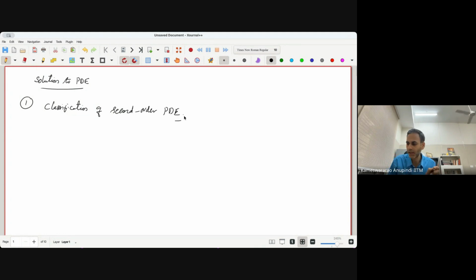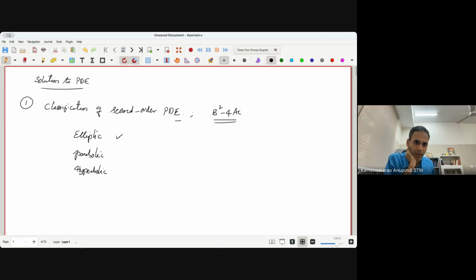We said these are classified based on the characteristic equation, b square minus 4ac, and we grouped the PDEs into elliptic, parabolic or hyperbolic.